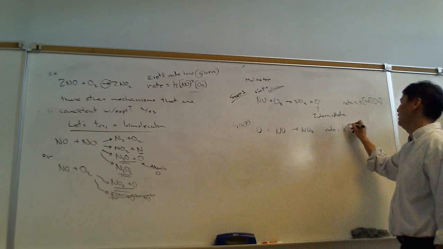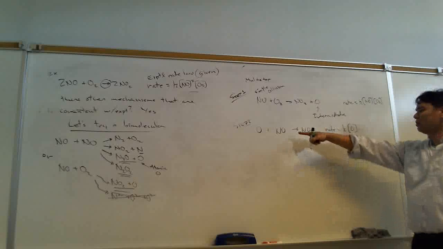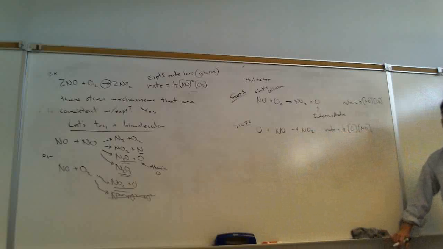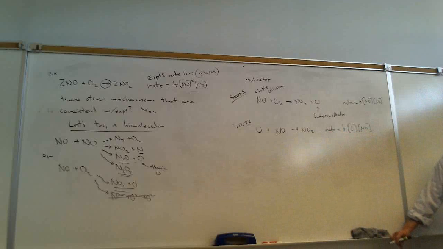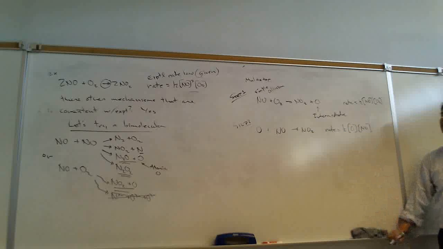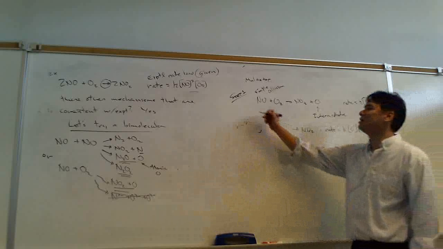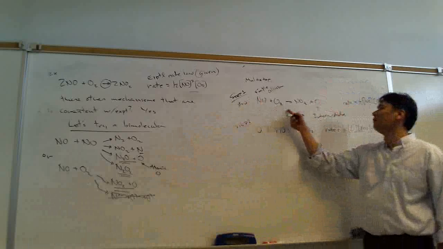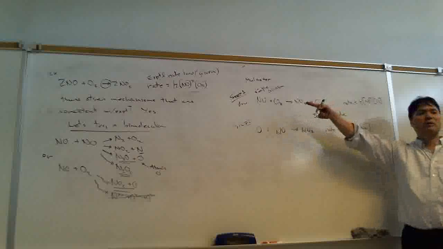And so the rate for this next step looks like this. The rate is equal to K, first order in O and first order in NO. And so we look at both these, and we pick this one. If we pick step 1 as slow, we say that this is the rate determining step. Does the rate law match our experimental rate law?